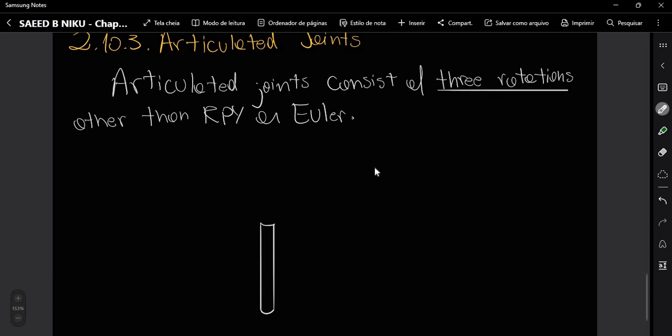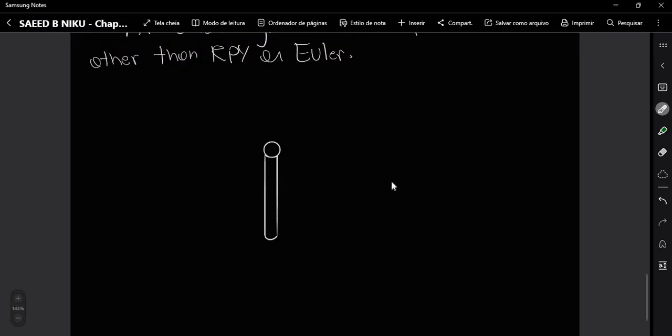Okay, so we have this articulated robot. When you hear articulated, you automatically have to associate it to joints.